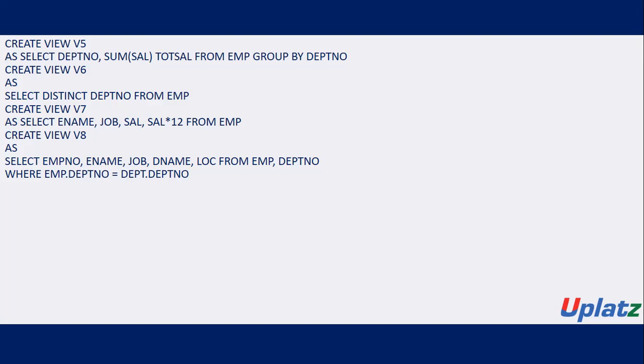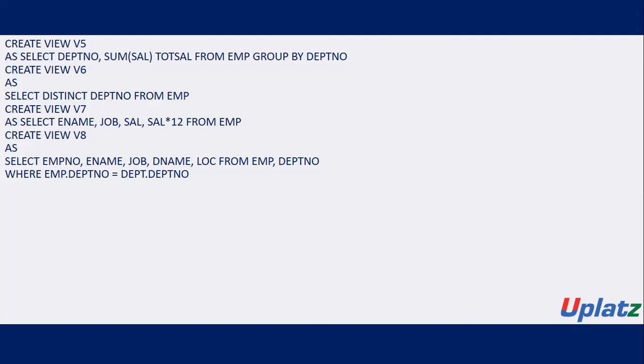We are creating a view V7 that displays the employee name, job, salary, and their annual salary as well. For creating this view, we are using the employee table as the base table. For all the examples, we are using the employee table as the base table.